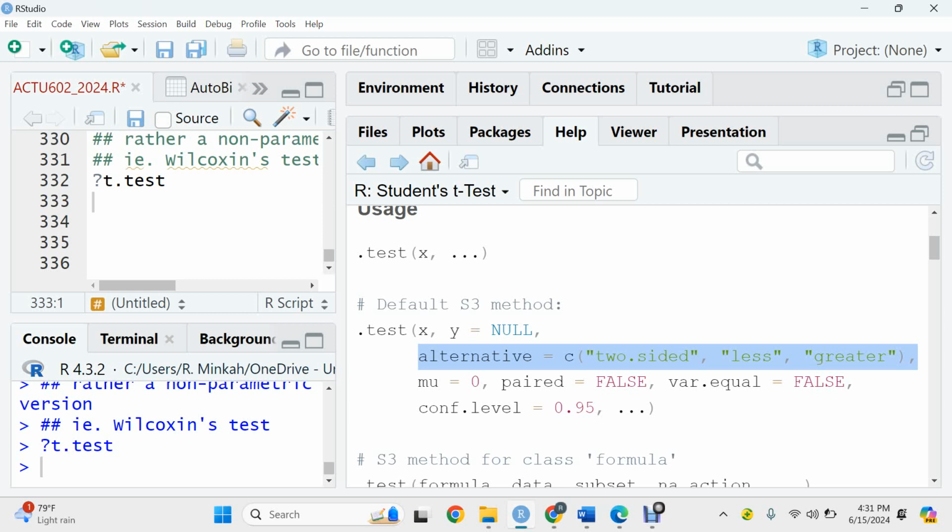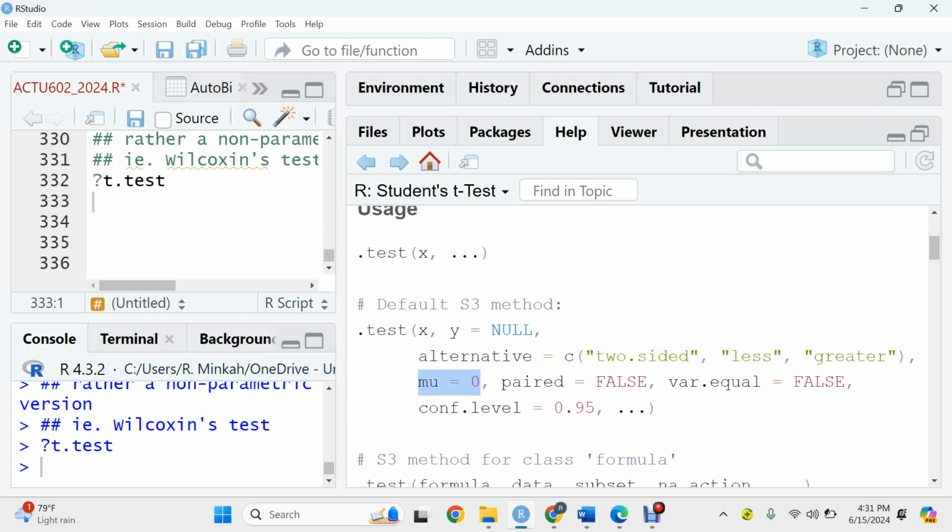By default, it will test for two-sided. So if you don't provide any alternative hypothesis, it will take it as a two-sided test. But remember, if it is one-sided, like the seatbelt example, and you choose two-sided, your test is wrong. Then mu is 0.